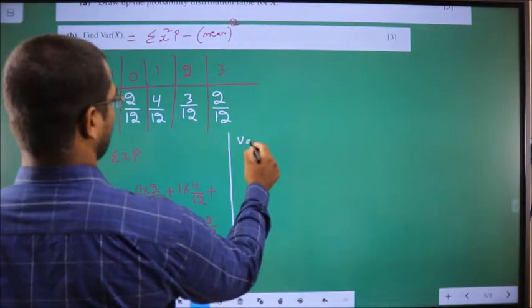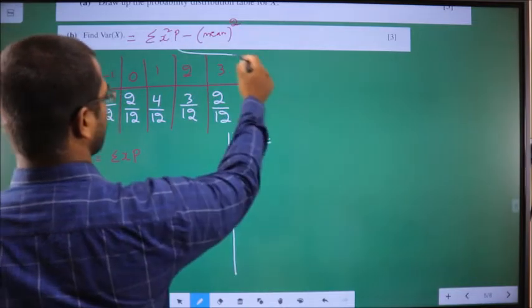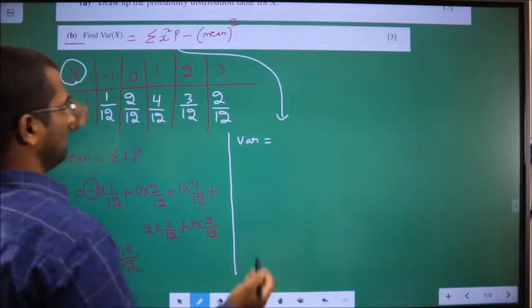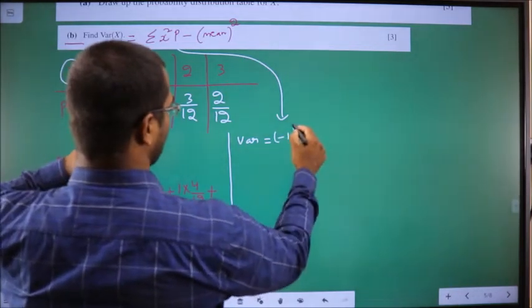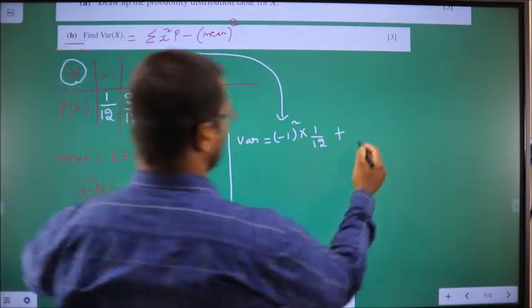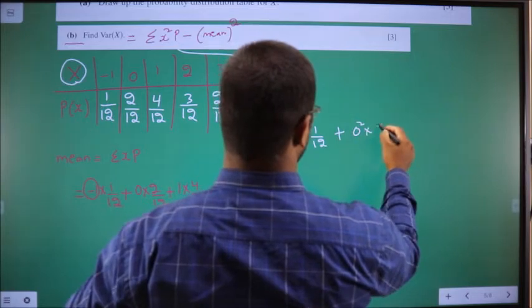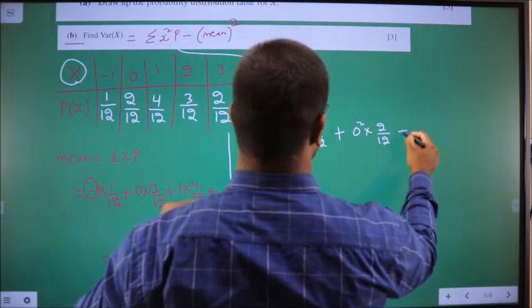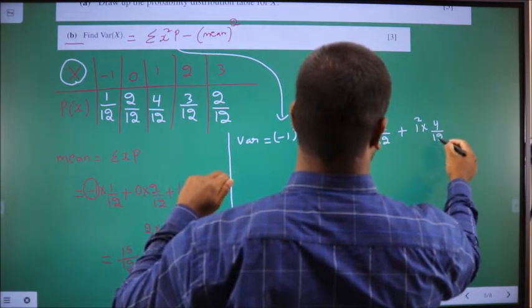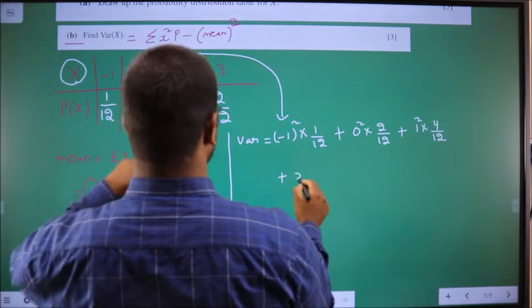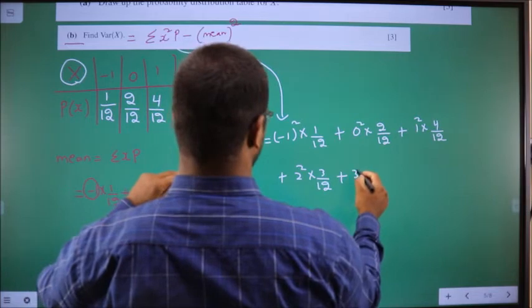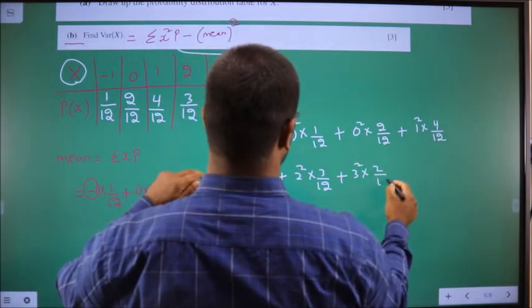variance. So variance is equal to sum of x square into p. That is nothing but square these values and multiply. So -1 whole square into 1 by 12 plus 0 square into 2 by 12 plus 1 square into 4 by 12 plus 2 square into 3 by 12 plus 3 square into 2 by 12.